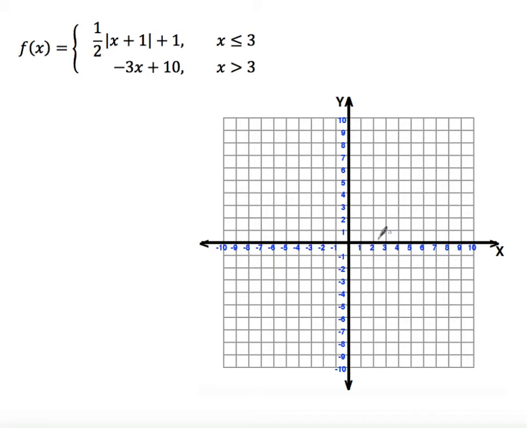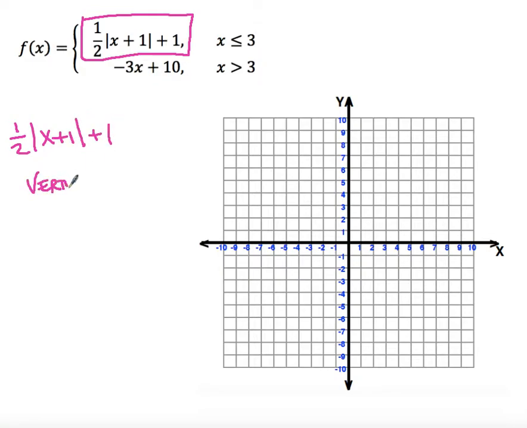All right, let's try another. Okay, here's my first function. So it's an absolute value function. Start with your vertex. Do the opposite of what you see inside and keep the outside the same.